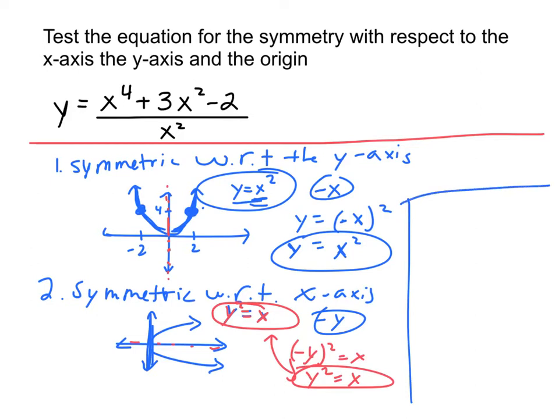Lastly, let's talk about symmetry with respect to the origin. For example, a graph that's symmetric with respect to the origin would look like this.